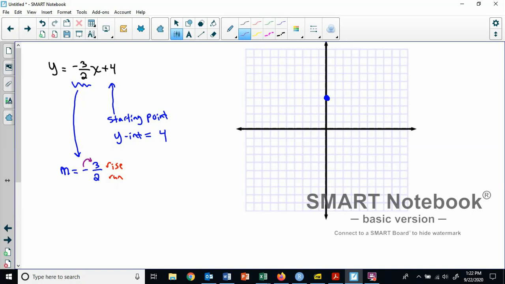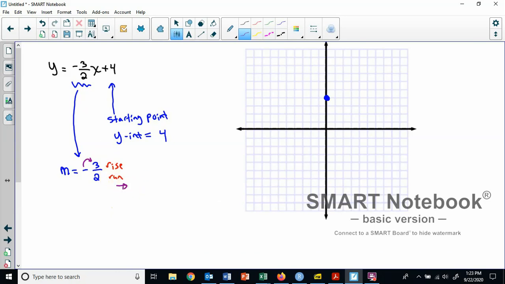If it were positive, I'm going to rise up. If it's a negative slope, I'm going to fall or rise down. So -3, and then I'm always going to run to the right just to make this simple.